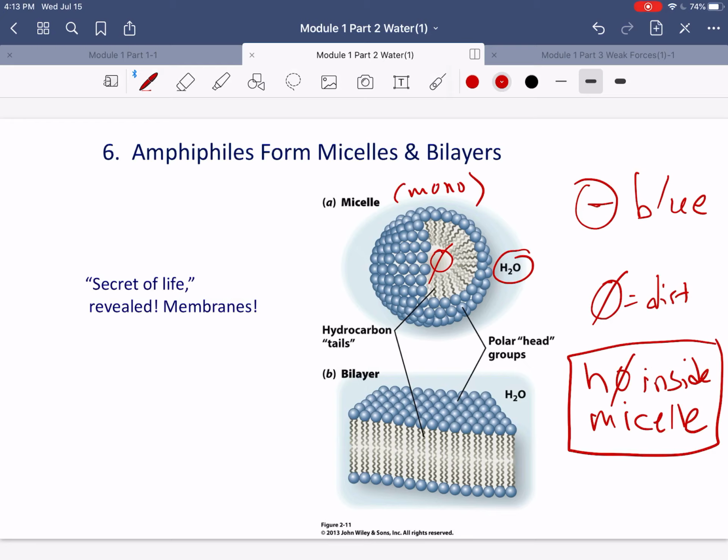When you have two tails instead of just one, you've got the same type of polar head group. Again, this could be plus or minus charged, or it could just be a partial positive and partial negative charge. And now you have two tails, so the shape is slightly different.